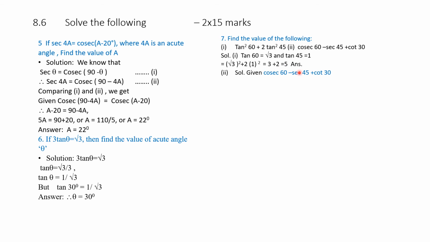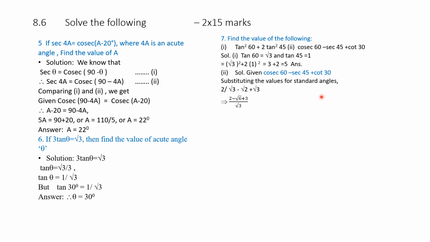Question number 2. Given cosecant 60 minus secant 45 plus cot 30. We have to solve it. Here also standard angles, we have to remember their values. Substitute. So, therefore, cosecant 60 is 2 divided by root 3 minus secant 45 is root 2 plus cot 30 is root 3.